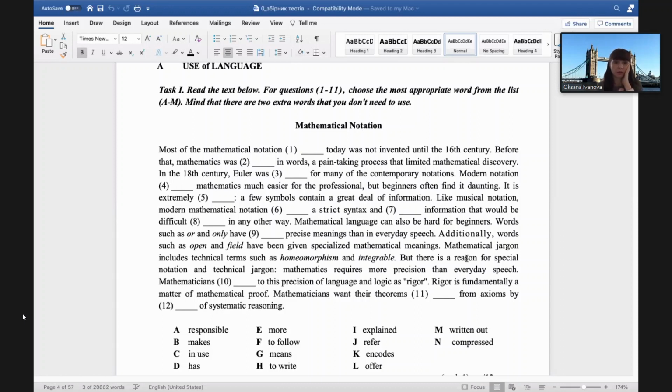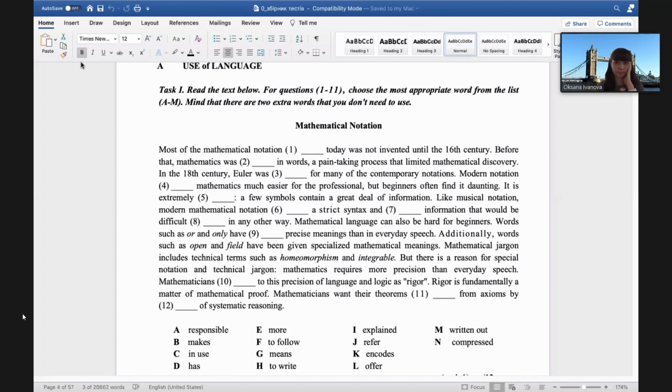But pay attention that there are 2 extra words you don't need to use. So as we have a lot of students, I consider you will do it independently. And maybe after that, you will give your answers and we will check with the correct answers.